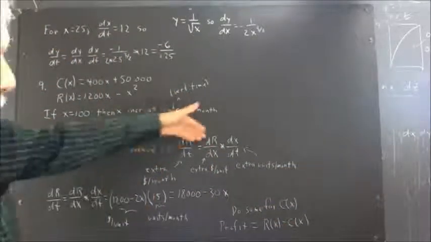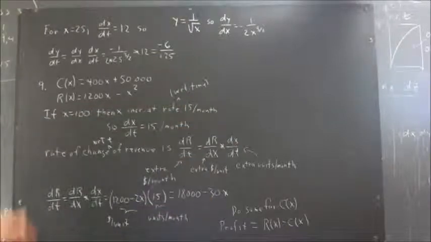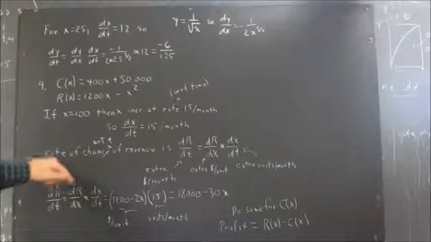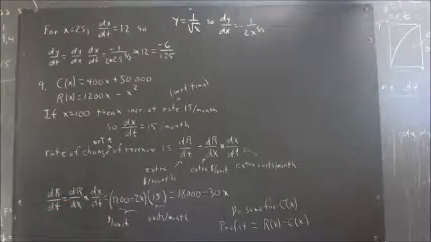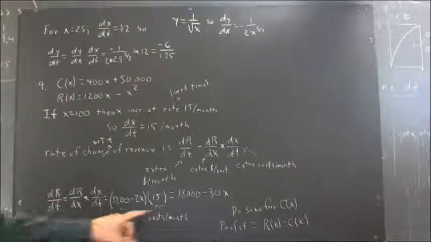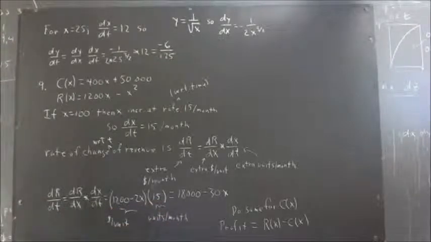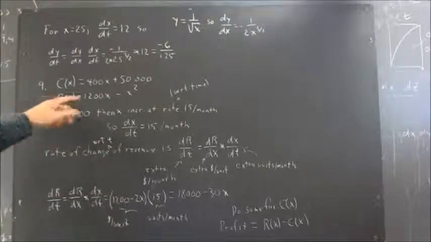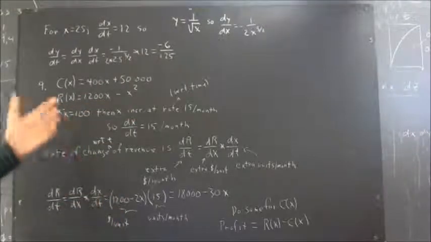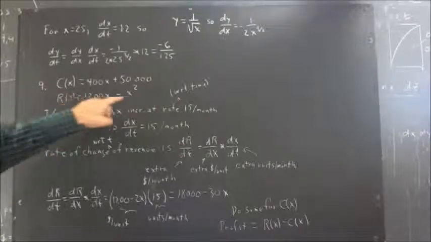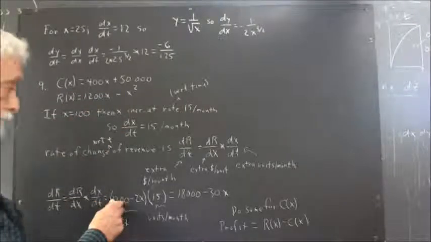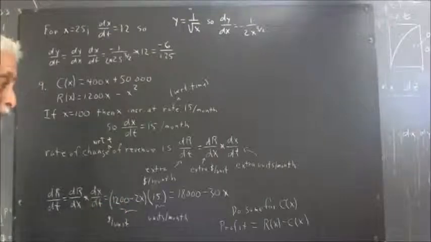So the chain rule has a meaning here. Now, in calculating this, we calculate dR/dt as dR/dx times dx/dt. We already know that dx/dt is 15, standing for 15 units per month. And dR/dx is what? Well, R is 1200x minus x squared. The derivative of that is 1200 minus 2x. And here it is, 1200 minus 2x.